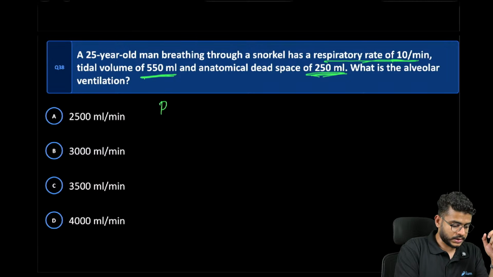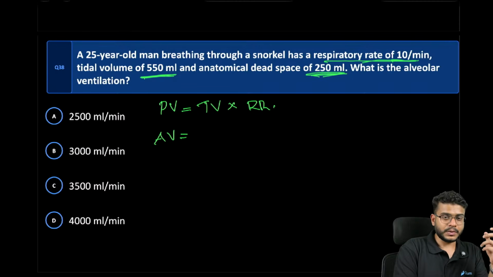First one was pulmonary ventilation, the air transported to the lungs, which is tidal volume into the respiratory rate. Now the alveolar ventilation, which is the air present inside the alveolus, is tidal volume minus dead space.